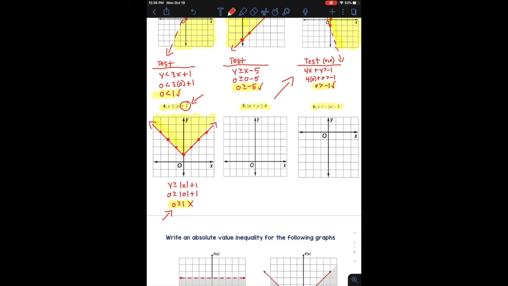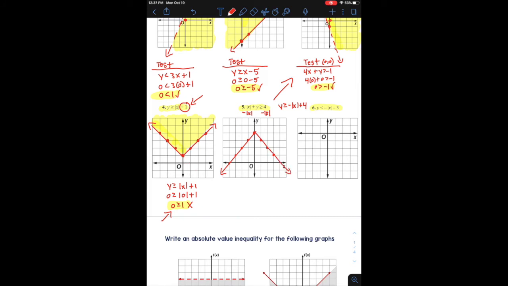So if I were to subtract the absolute value of x on both sides, our new inequality would be y is greater than or equal to negative absolute value of x plus 4. This means that the translations would move that V shape up 4 units and be graphed upside down. Since it is a greater than or equal to sign, it's going to be a solid line.